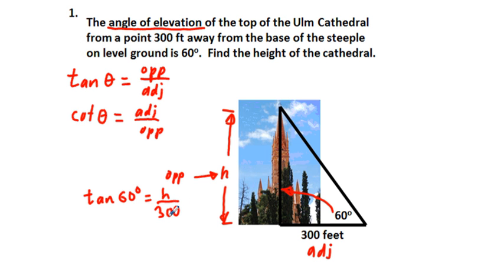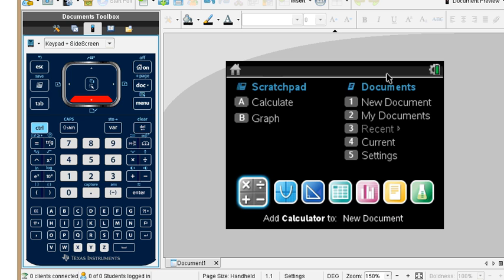Solving for h, if we cross multiply this 300 over to the other side, we get h is equal to 300 times the tangent of 60 degrees. That's going to be an easy one on our calculator.